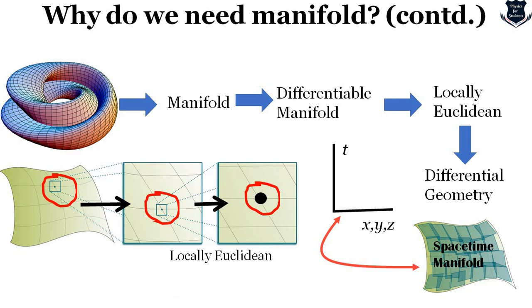Very important. I wanted to show you how a particular point in a curved space-time, when you zoom in and zoom in further, becomes a simple point where we can apply the Euclidean rules, differential geometry, everything. That is why we need a manifold, so that we can use those simple calculations on a space-time which is curved and which should look locally Euclidean.